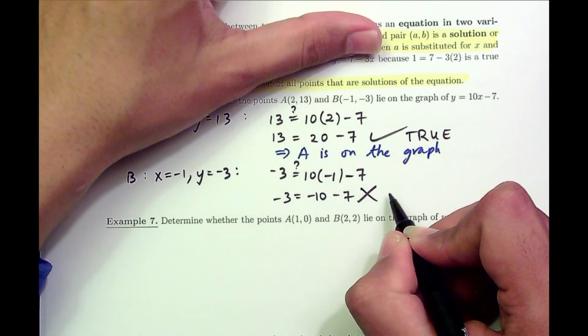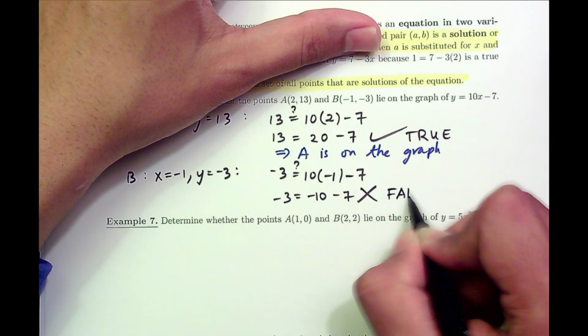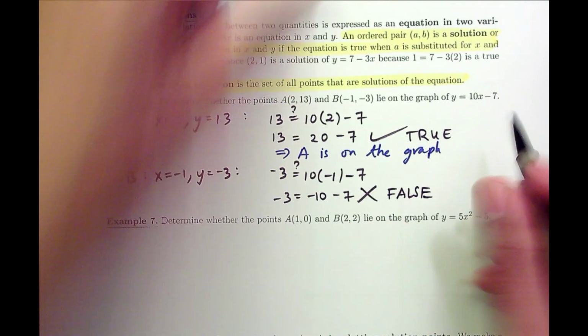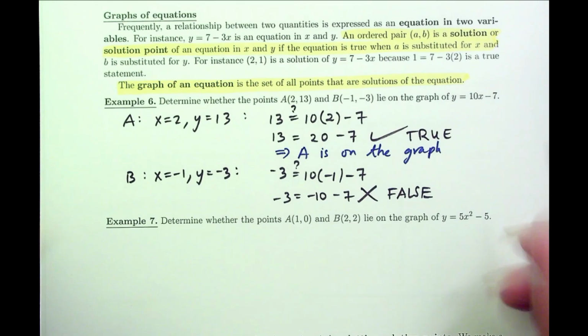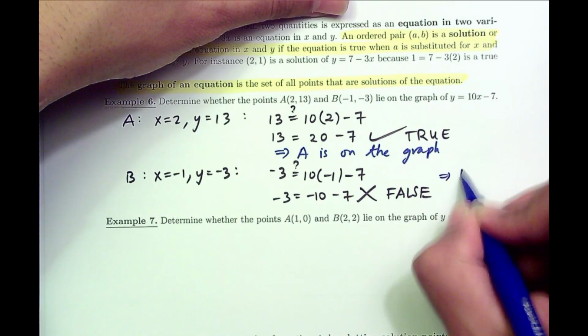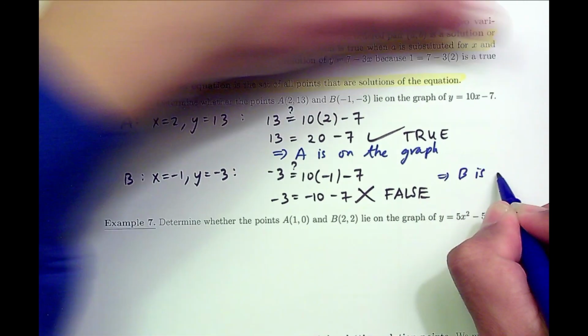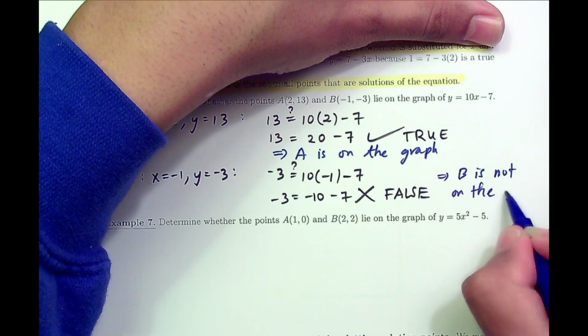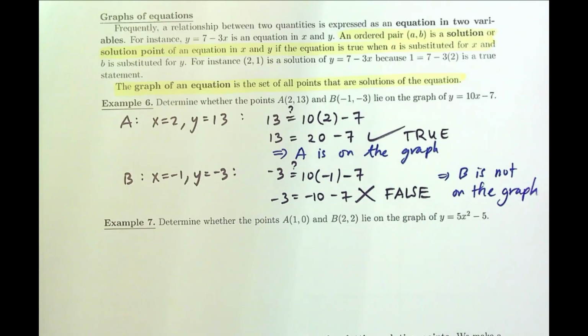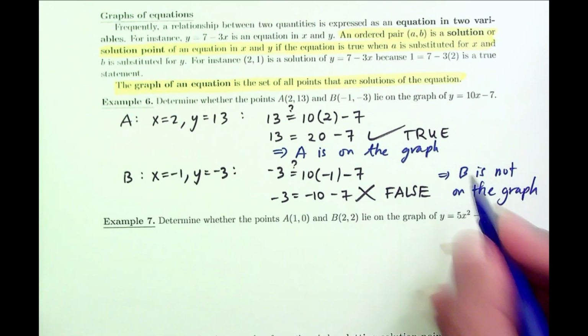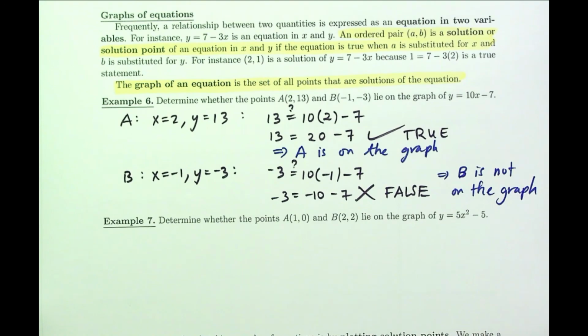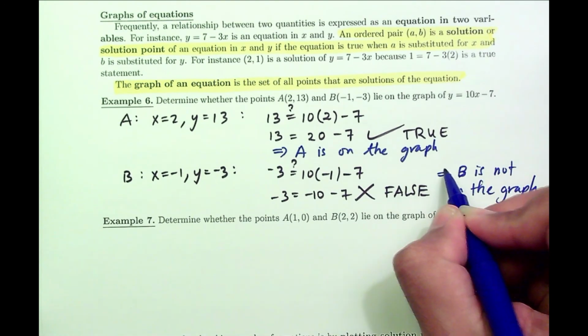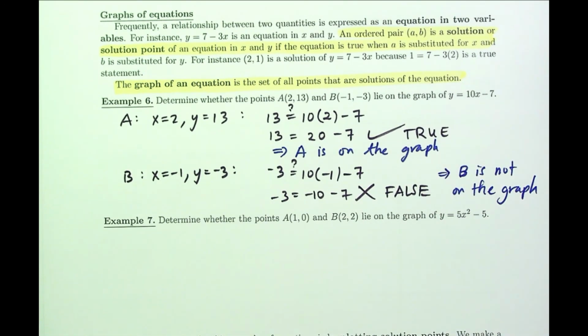This is false. So what that means is that B is not on the graph. It is not a solution point and it is not on the graph. So being on the graph means again that when you plug in those values for x and y, you get something that is true.